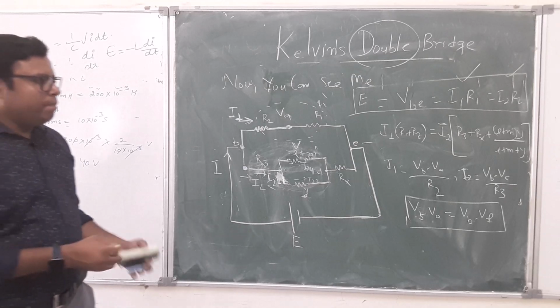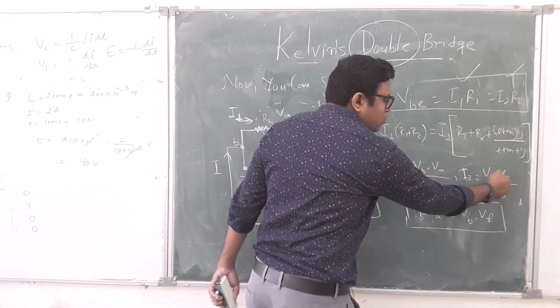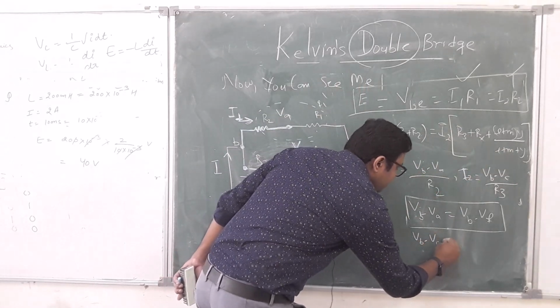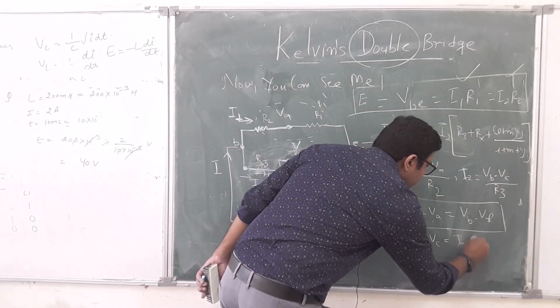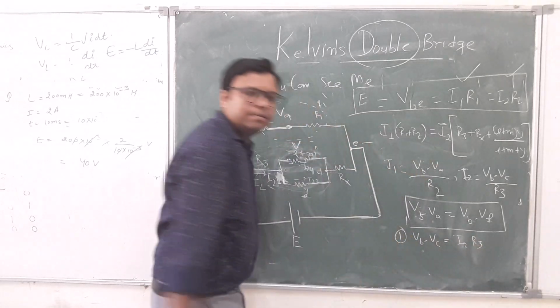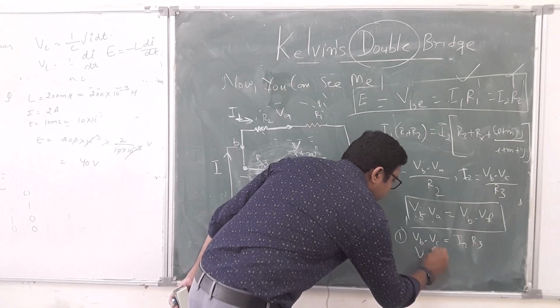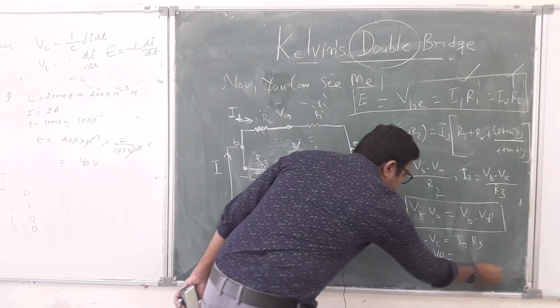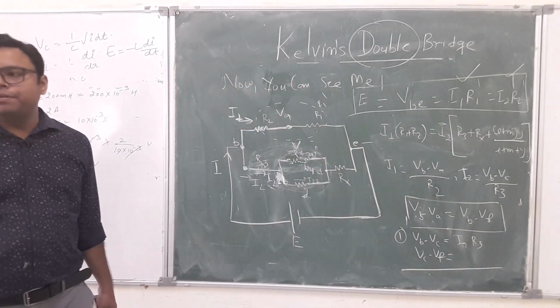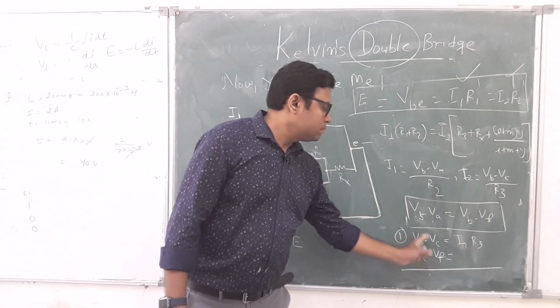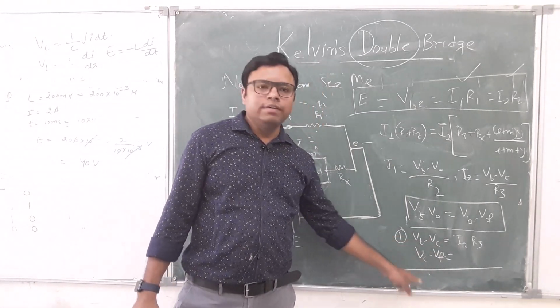So I want to create VB minus VF. VB minus VC is I2 into R3. That is one thing. Let's see VC minus VF, because when I add, I get VB minus VF. VC cancels out, leaving VB minus VF.